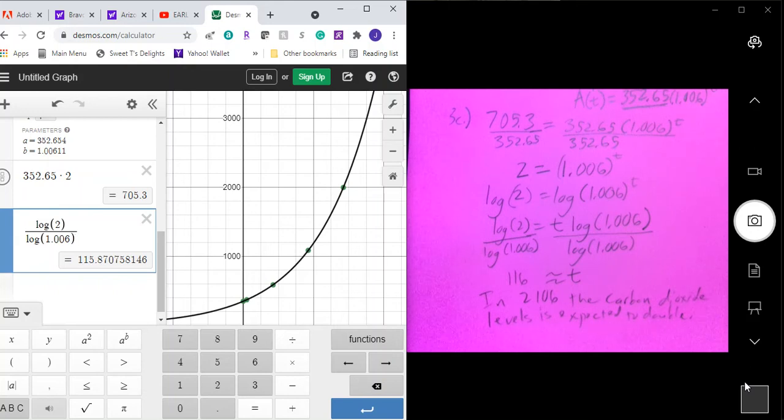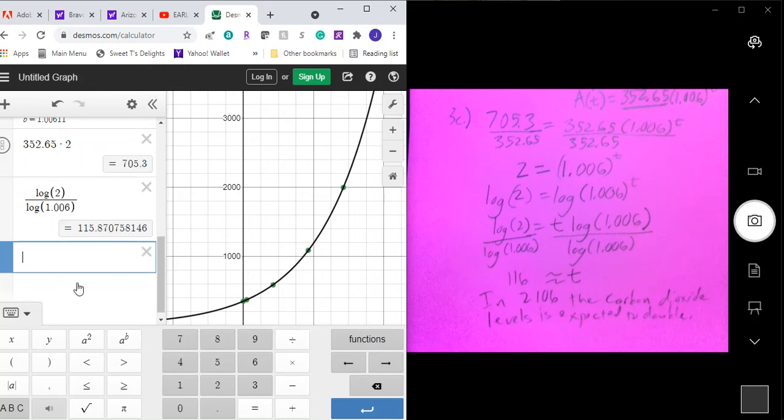Okay, now it says here for D, verify your result in part C graphically. Basically, we're saying x is equal to about 116. So we have this graph here.